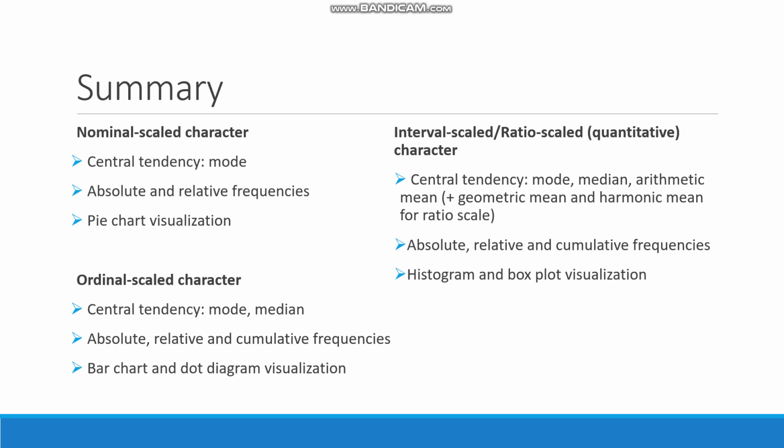There is the pie chart for nominal scaled characters, which is not appropriate for ordinal scaled and quantitative characters. There is the dot diagram and the bar chart for ordinal scaled characters, and for quantitative characters there is the histogram and a box plot. All the described graphical methods can be applied for the observations of a population as well as of a sample.